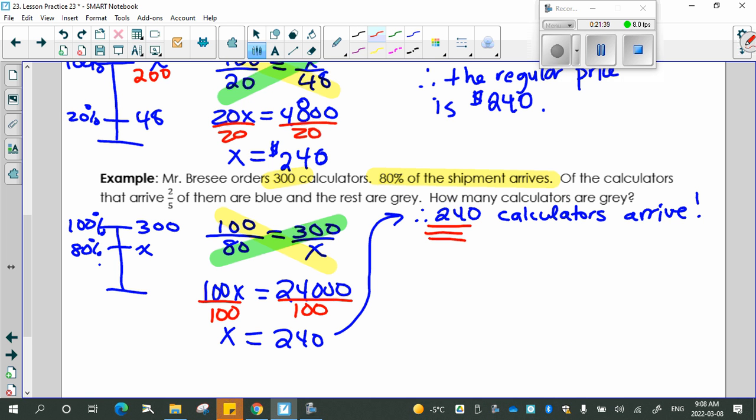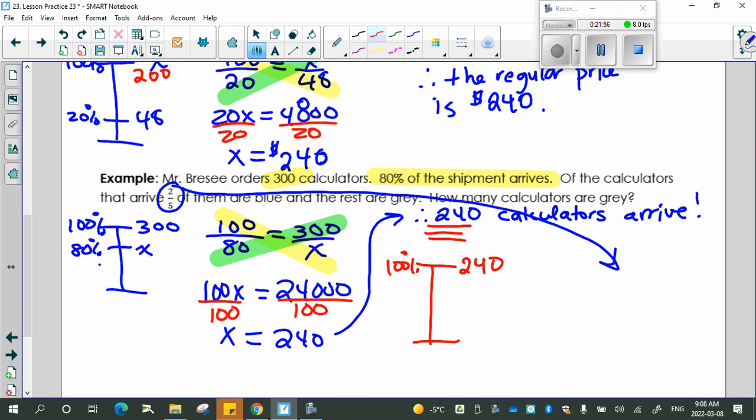So it's 240, which is 100%. Okay, so I've got 100% we know is 240. And then what we did here is we used what we know about changing this to a percent. So 2 divided by 5 on our calculator gives us 0.4, which is 40%. But that's the blue ones, right?